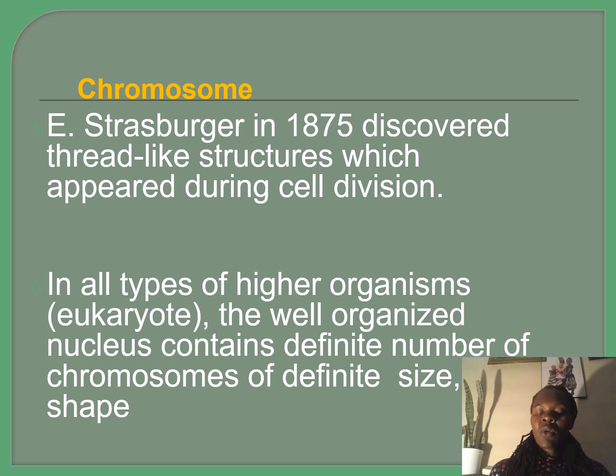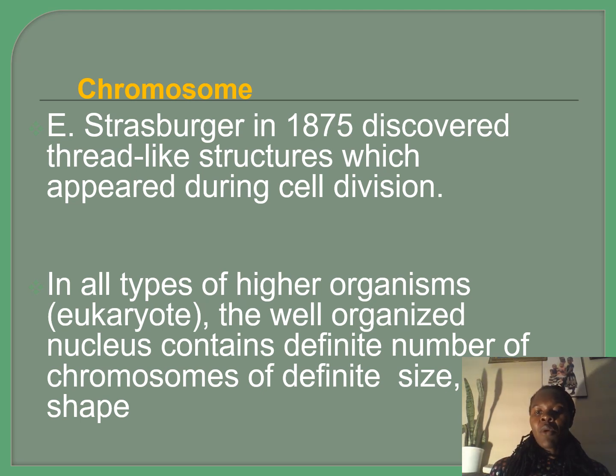In all types of organisms, be it eukaryotes or prokaryotes, but in eukaryotes and the higher organisms, the chromosomes are well organized. They are well organized such that the nucleus will contain a definite number of chromosomes, of definite size as well as shape.